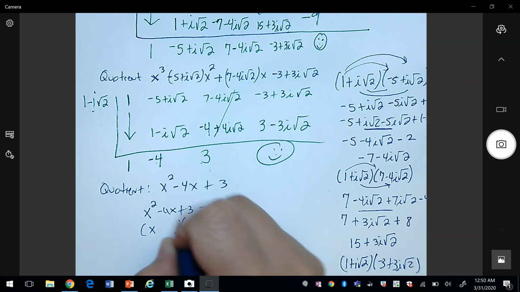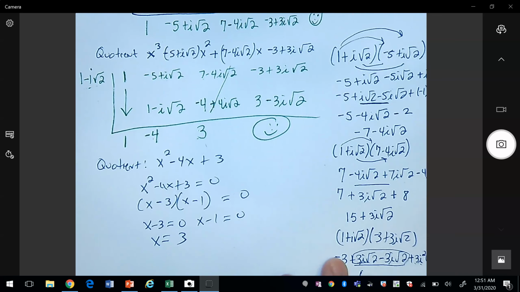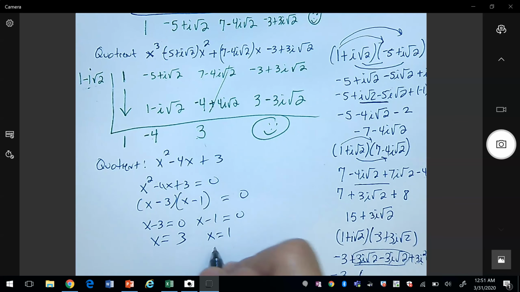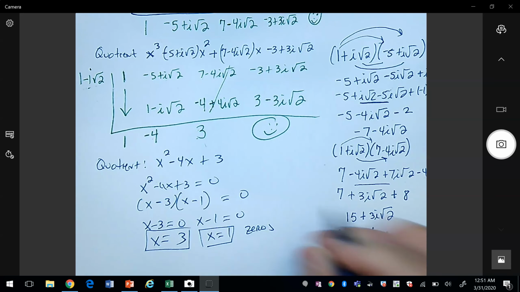So we get x minus 3 times x minus 1. Set each factor equal to 0. So these are going to be zeros as well.